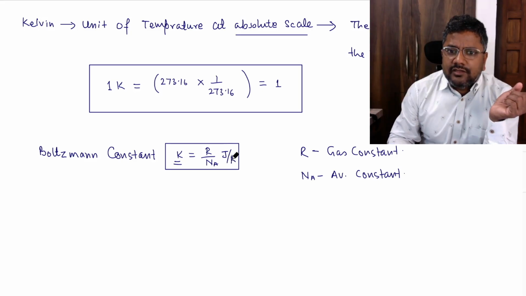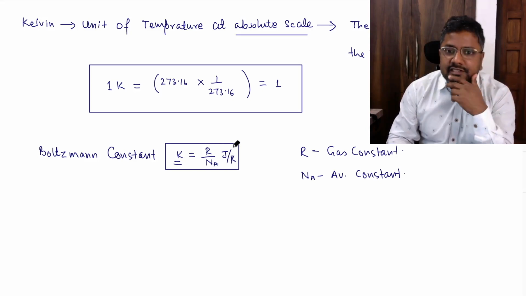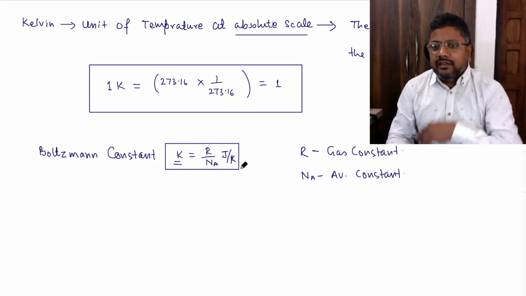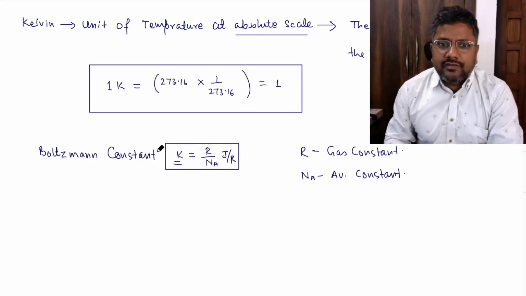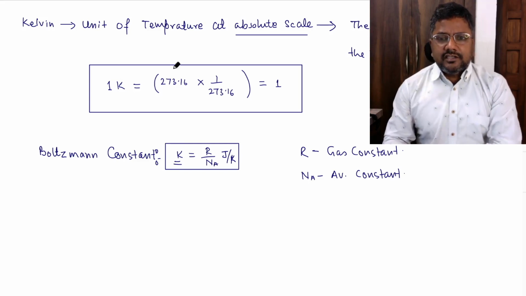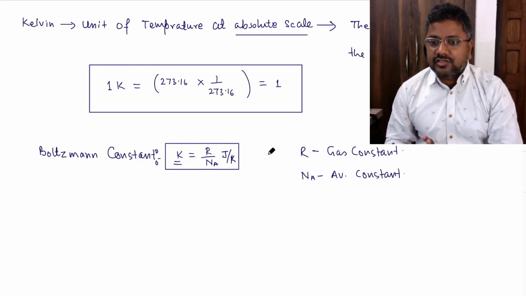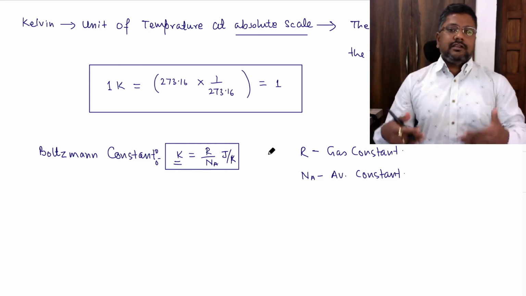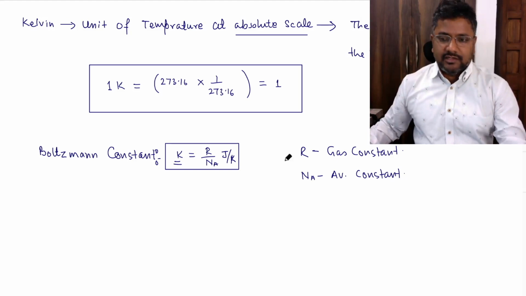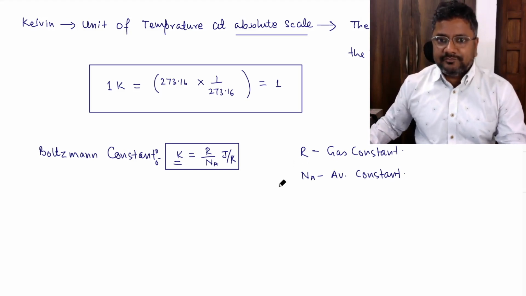So finally, when you divide this R with Na, then in SI system we will get joules per Kelvin. So from here also you can define Kelvin. But this is the old definition, and nowadays Kelvin temperature is defined in terms of constants, not in terms of some observable property of matter, right?